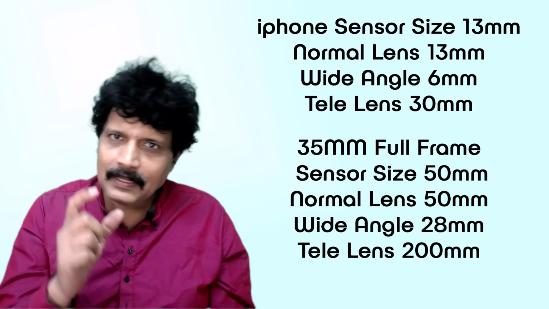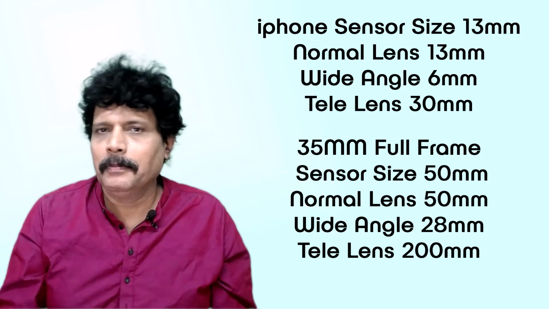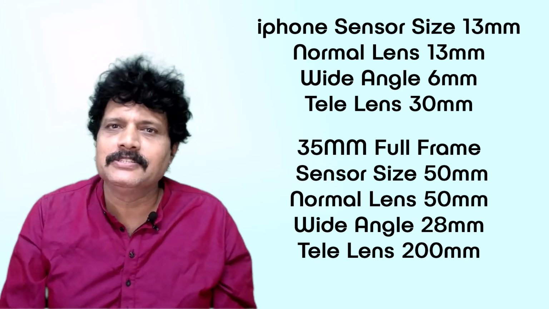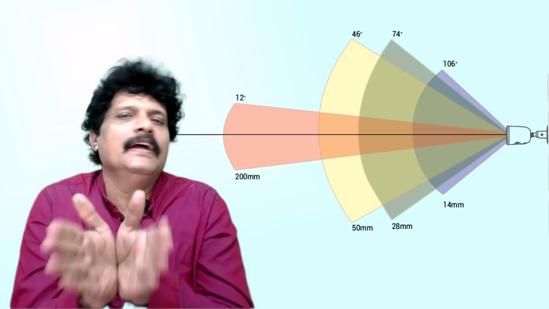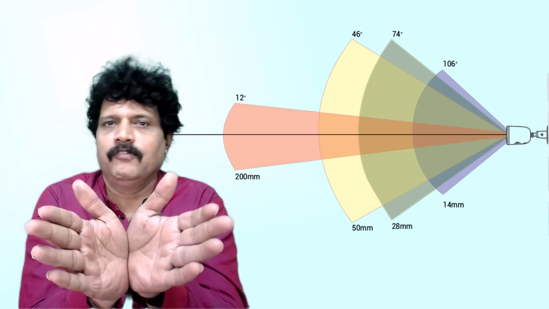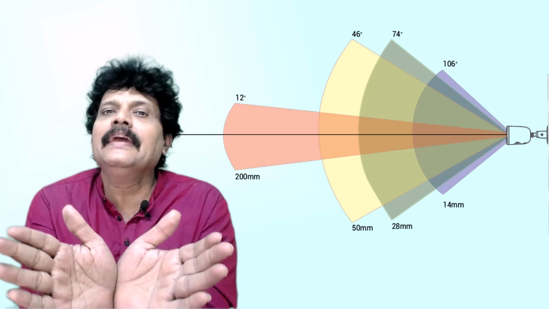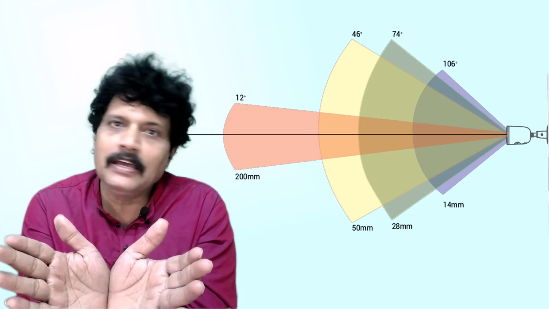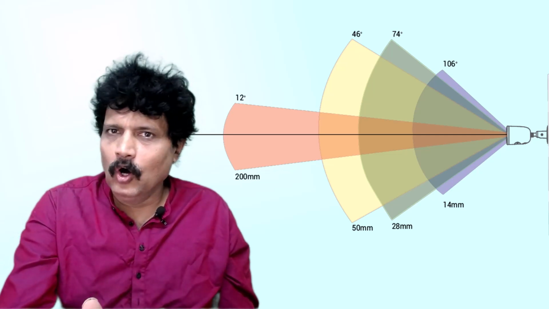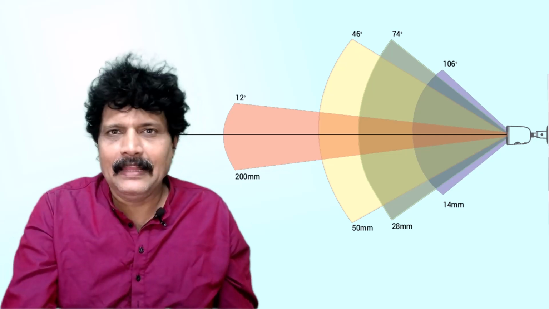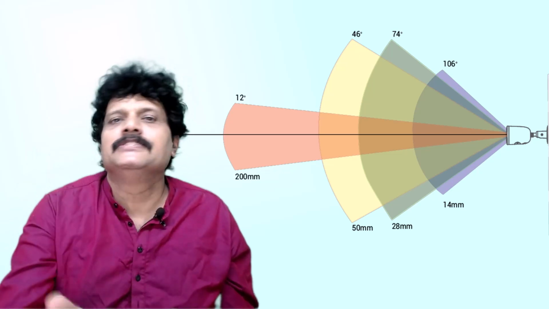So, for an iPhone, a 7 mm lens is a normal lens, and all normal lenses will have a field of view of 45 degrees. As the focal length is decreased, the angle of view is increased. For an iPhone, 3 mm is a wide angle lens, 15 mm is a tele lens, and 7 mm is a normal lens.